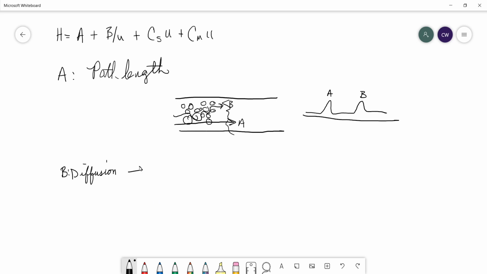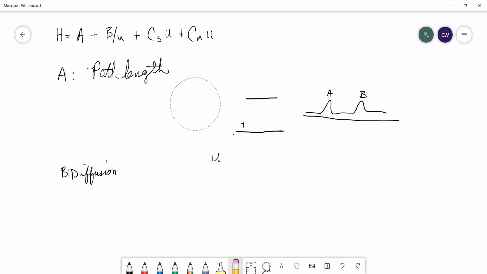Diffusion is a function of the diffusion coefficient and time, and so we can either change the diffusion coefficient, which is inherently almost impossible to do, unless we change the force of friction in our mobile phase and our stationary phase somehow, or we can change the amount of time that an analyte spends in the column, and that is going to be related to the flow rate. So you can see where that inverse proportionality comes in.